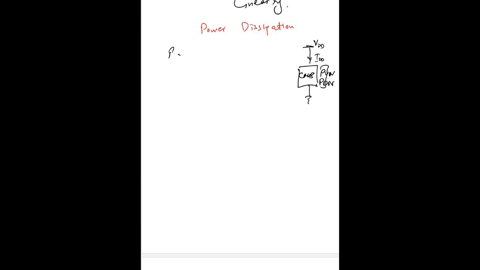So power is given by P is equal to VDD multiplied with IDD, and we know that VDD is constant.